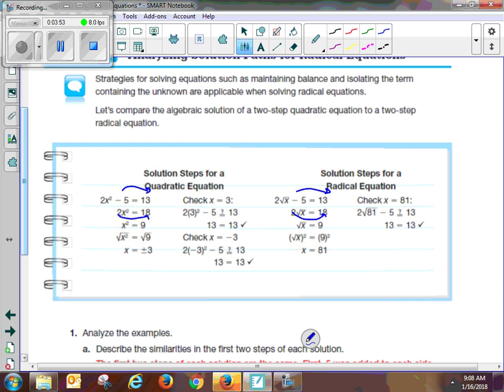Do you see how the process is the same to start? So something equals 9. Now, the next step is what's different. To get rid of a square, the inverse is square root. Don't forget your plus minus. To get rid of a square root, you would square both sides, and that's how they got the 81. Okay? So just kind of a reminder to you of process.